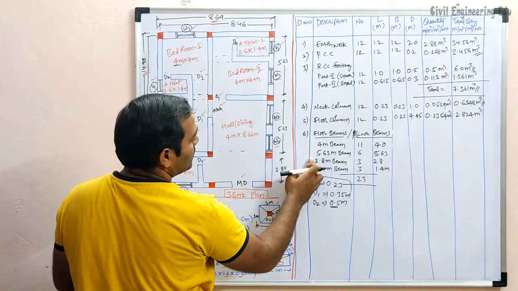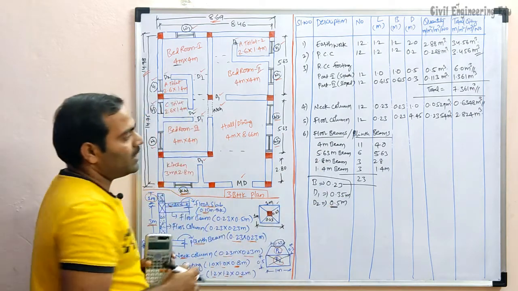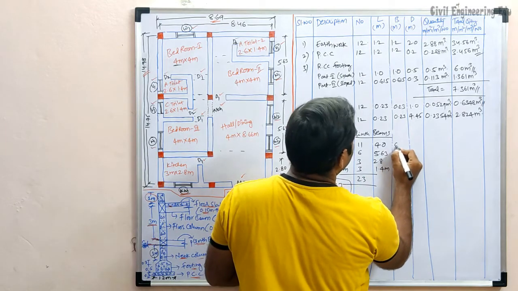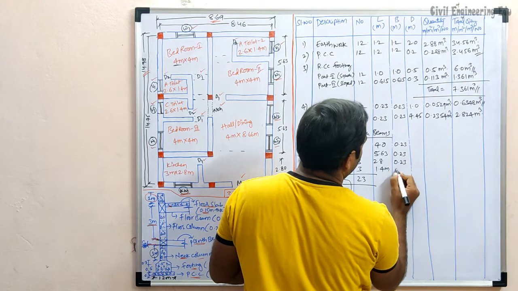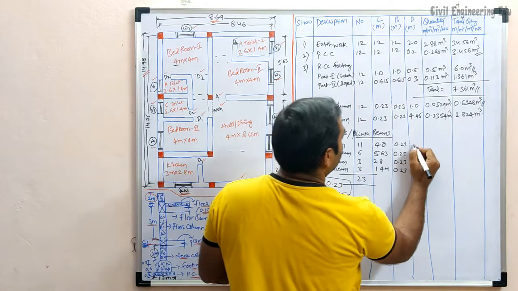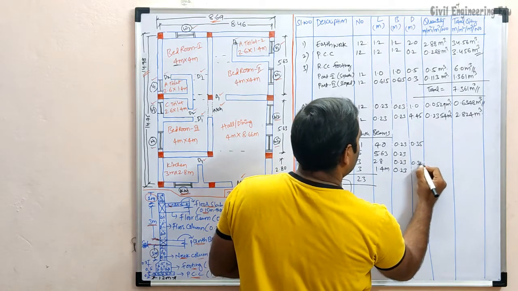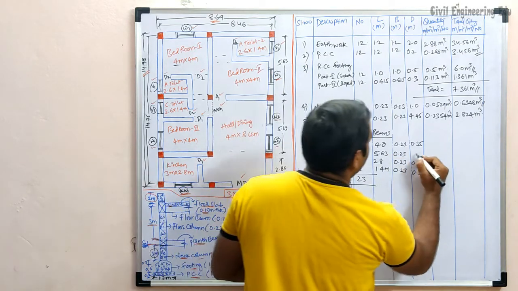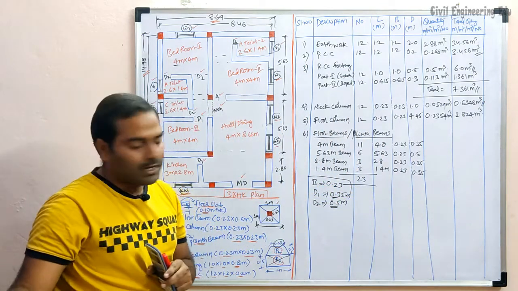So for these I have taken 350 mm, and for long beams 500 mm. So for 4 meters I have to write breadth is the same for all, and coming to the depth: 0.35, 0.35, 0.35. For longer beams I have to provide 0.5, that is 500 mm.